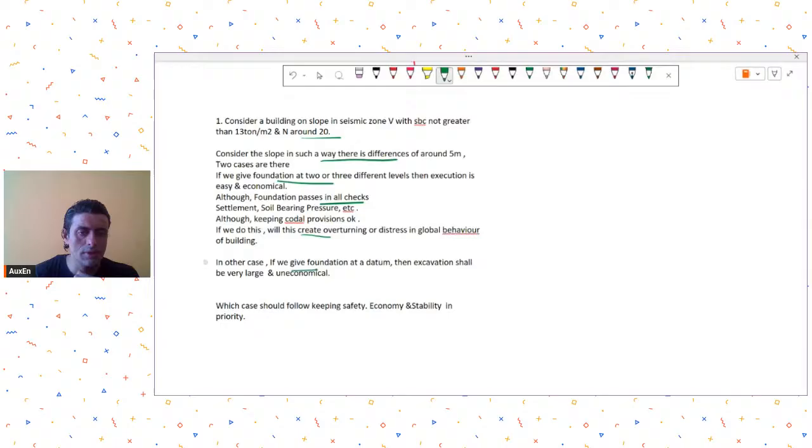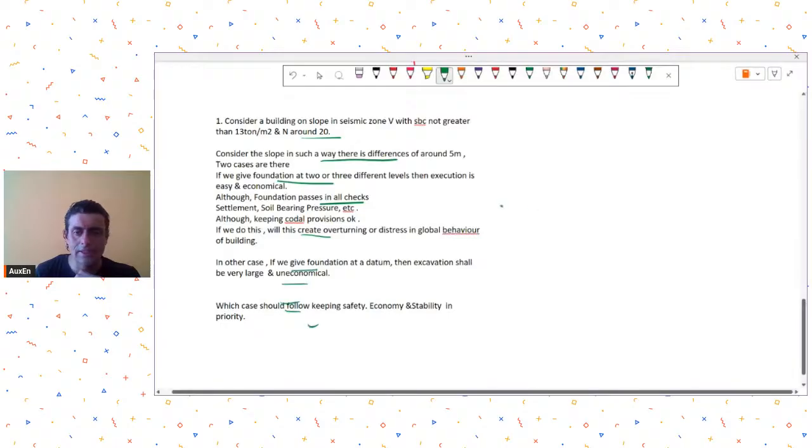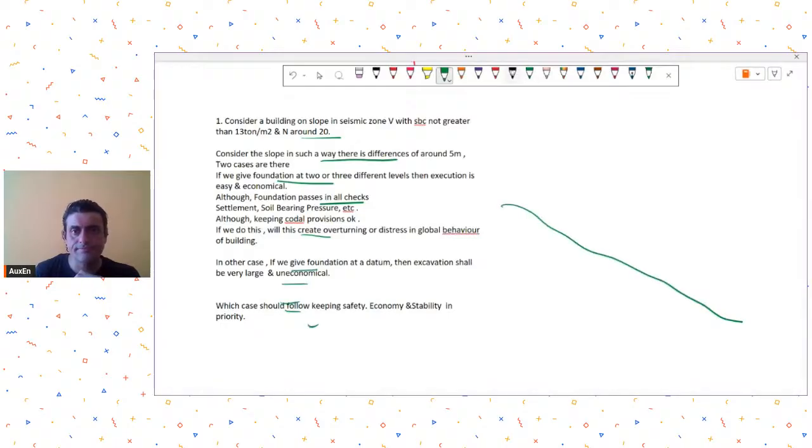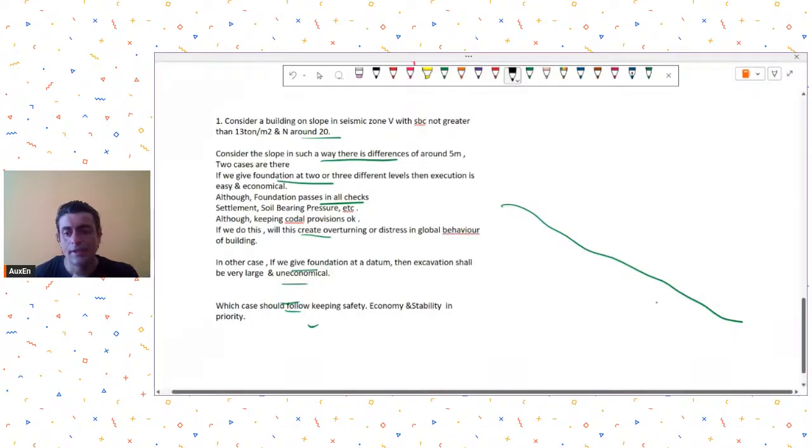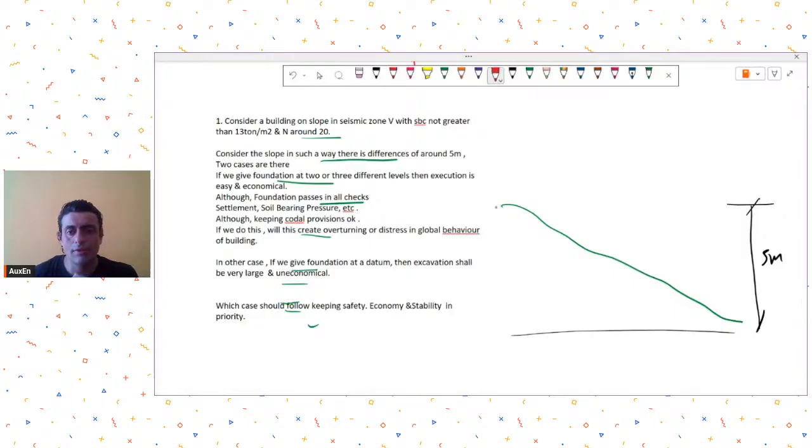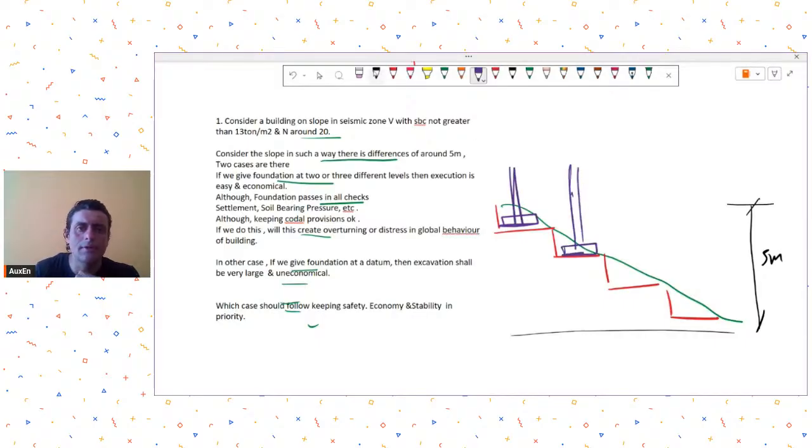In other case, if we give, so he is asking that he has a slope structure and the level difference on this slope is, let's say, 5 meters. In one of the situations, what I have understood is that he is giving the footings on different levels. Those footings are passing all the checks. So one footing he has kept like this, and it might be that he's keeping more than two footings at one level.